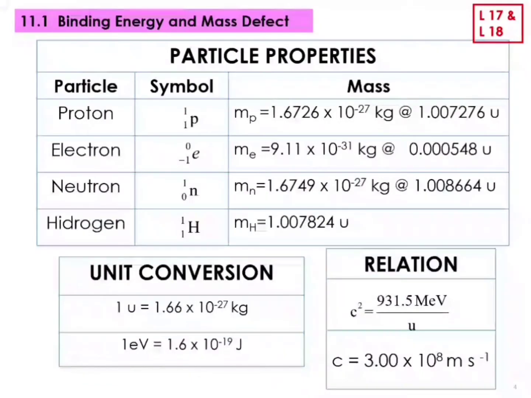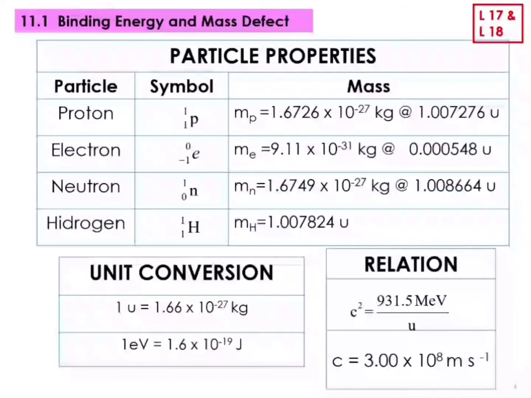Okay, before we go further, let's look at the particle properties. This is the particle property that you will usually see. Proton 1 1 P, electron 0 negative 1 e, neutron 1 0 n, hydrogen 1 1 H. We also have unit conversions: 1 u equal to 1.66 times 10 to the power of negative 27 kg. 1 eV, which stands for electron volt, equal to 1.6 times 10 to the power of negative 19 joule.